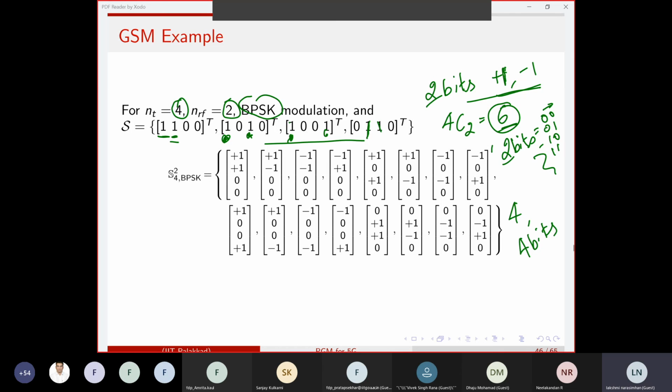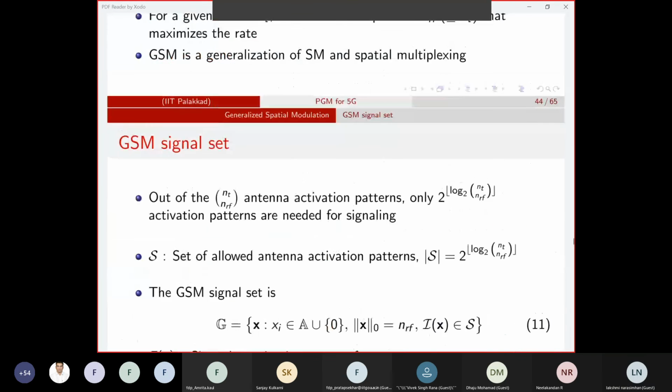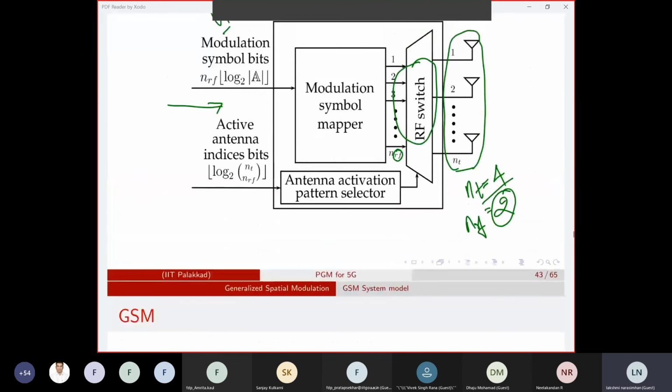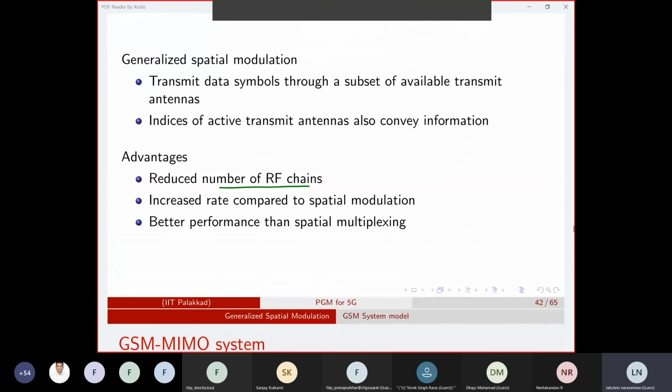But I have hardware complexity reduced by 50%. I have only 2 antennas and only 2 RF chains. If I have 2 RF chains, that means the local oscillator, the amplifier, everything is reduced by half. The power that is transmitted, everything is reduced by half. The hardware complexity is reduced by half, but the rate is the same. So that is the biggest advantage of generalized spatial modulation.